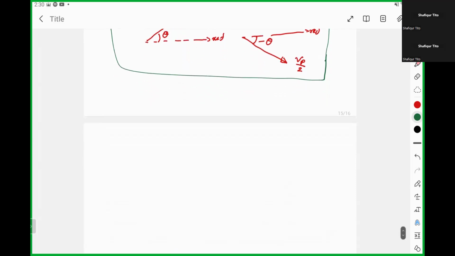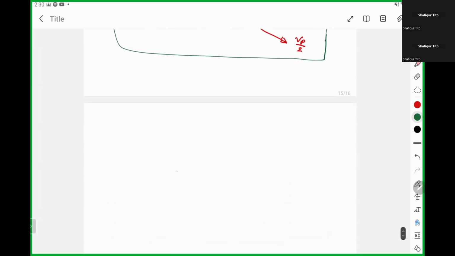So if you have two vectors, let's say one vector is making an angle of 45 and its amplitude is 3. Another vector is making an angle of, let us take a different angle, say 60, and this is also 3.